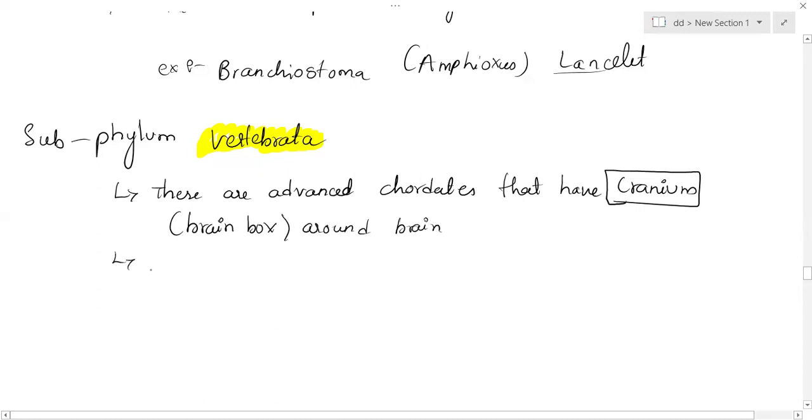And secondly, the notochord is present only in the embryonic stage and it will be replaced by the vertebral column, which we call the backbone, in the adults.